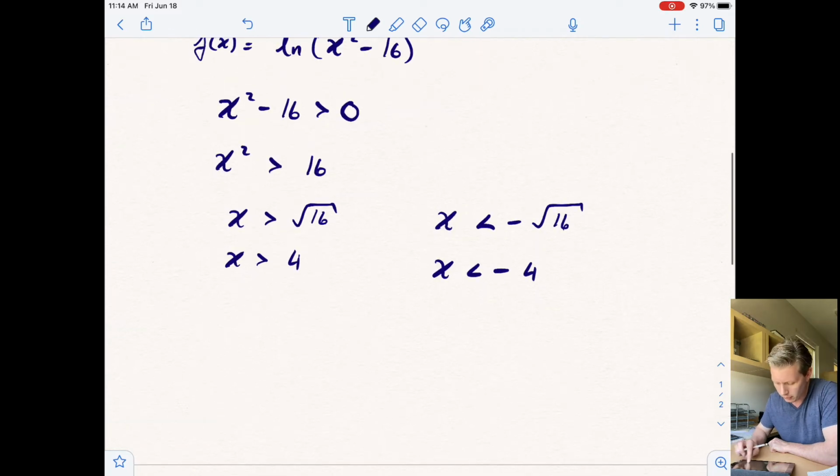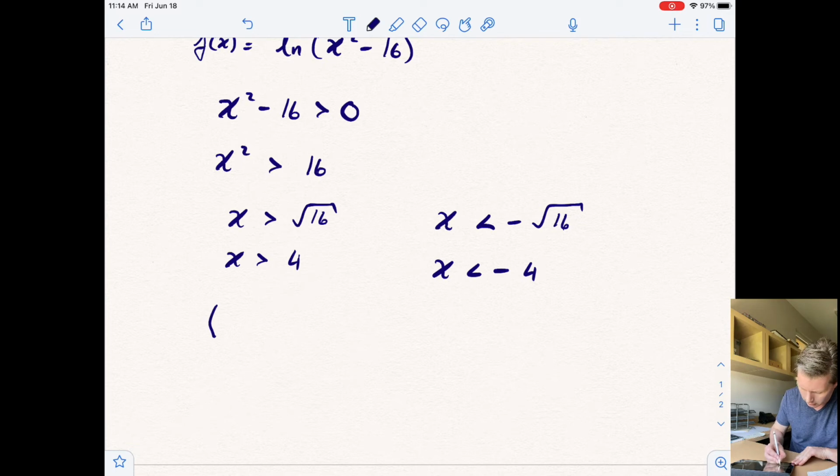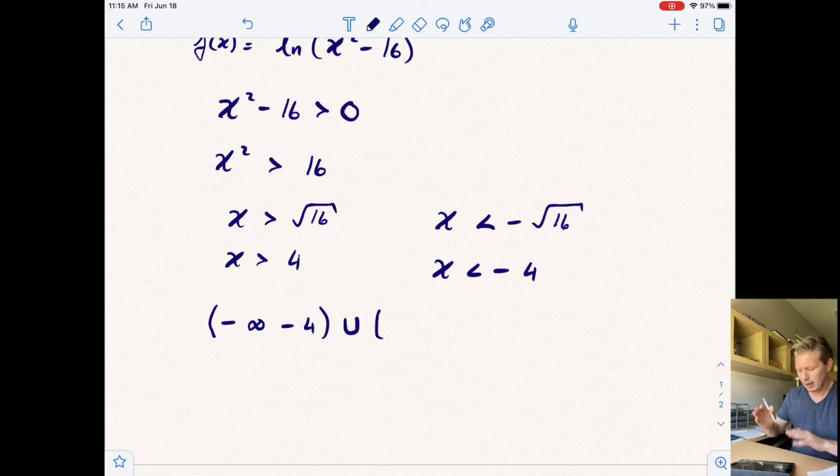Those are the values here. We would write that in interval notation as any values from negative infinity to negative 4, and then union, I cannot use negative 4, and I cannot use anything between negative 4 and 4.